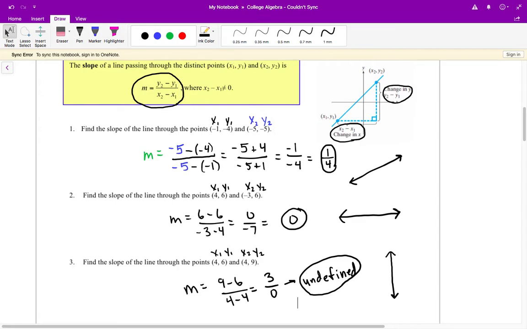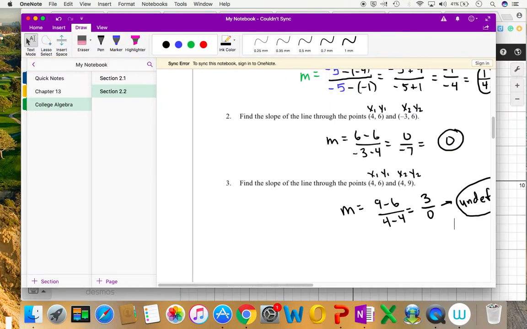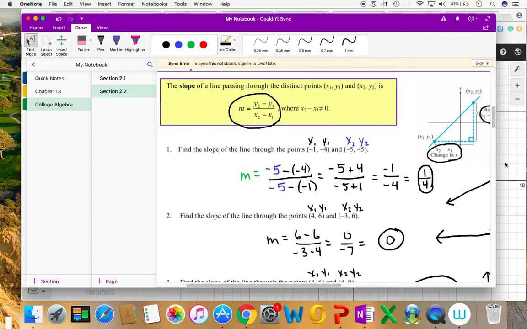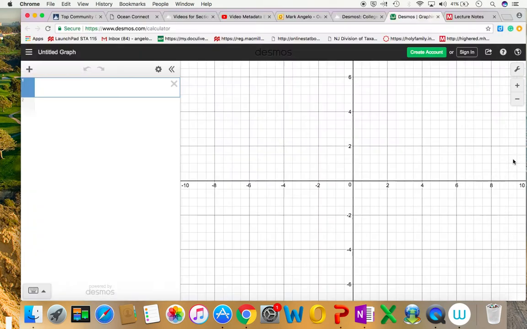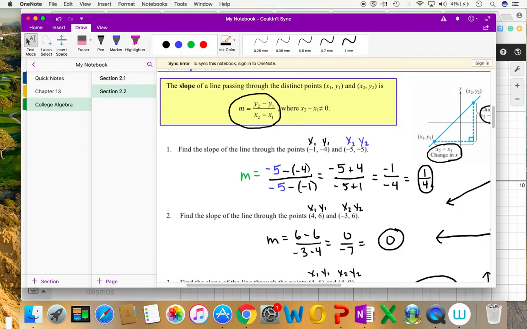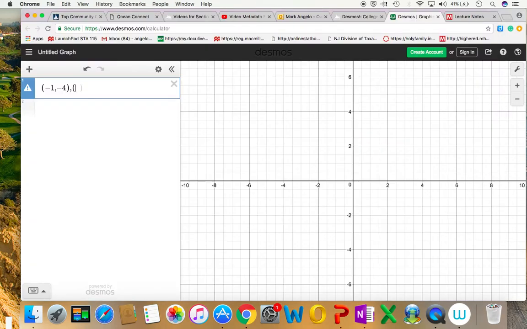Okay, so let's take a look at the lines that are created here. Let's start with the -1, -4, and -5, -5. We're going to do both of those in Desmos. So once again, my first point is -1, -4, and then we're going to separate this by a comma and do -5, comma, -5.